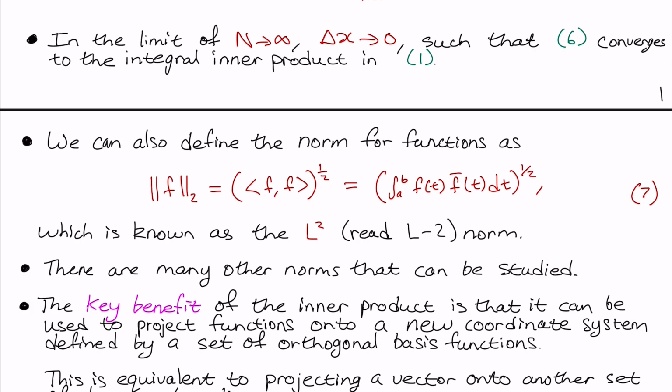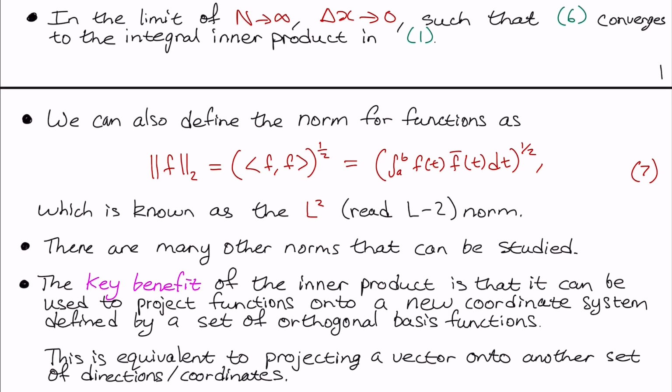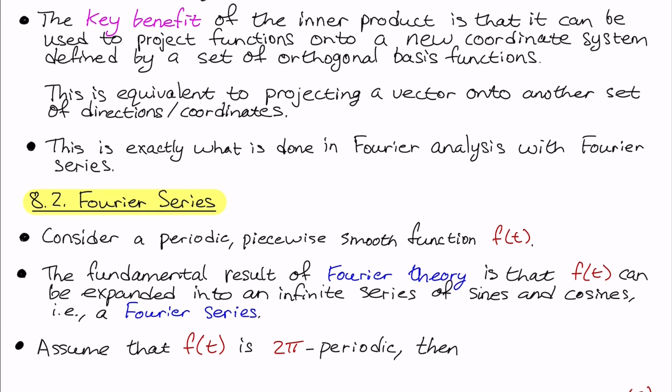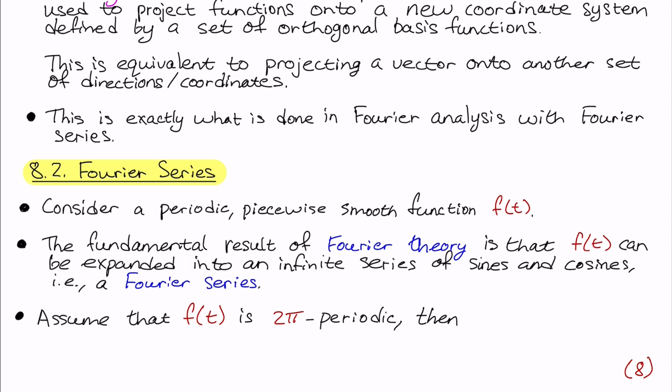And really what we want to get out of this is what Mohammed brought up earlier, that the key benefit of the inner product is that it can be used to project functions onto new coordinate systems, provided that those coordinate systems are defined by some set of orthogonal basis functions or orthogonal basis vectors as well. And this is, again, equivalent to projecting a vector into another set of directions or coordinates. This is exactly what is done in Fourier analysis with Fourier series, and that is what we're now going to talk about. We're on our way to getting towards a Fourier transform, and then we'll go from there.